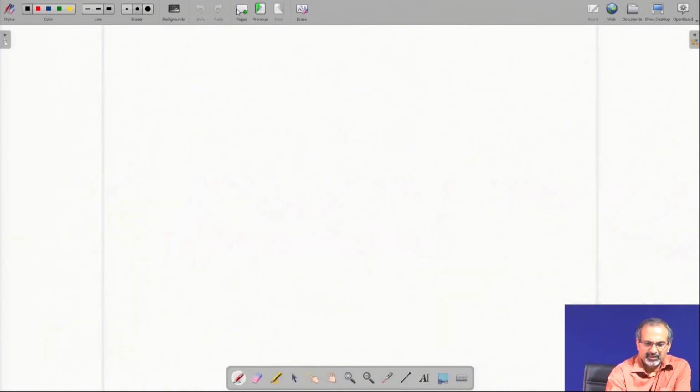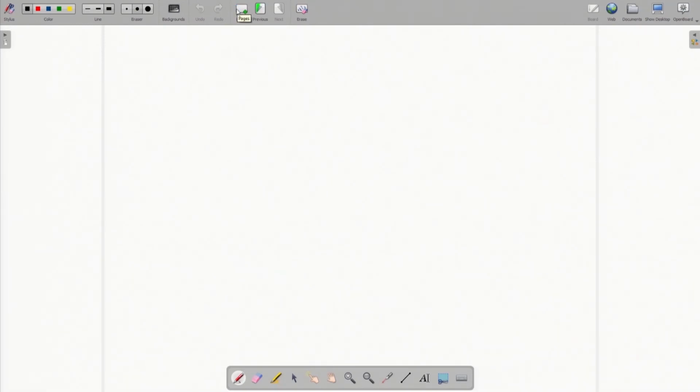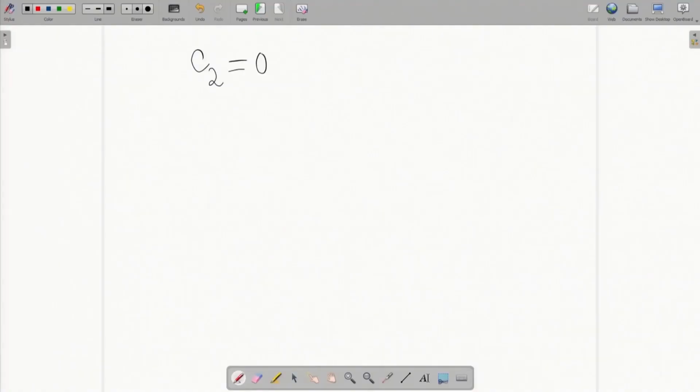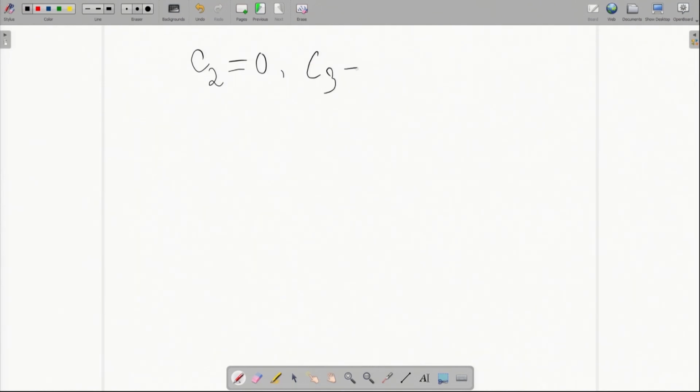So, what do you have as an outcome of this weighted residual minimization exercise? You have two linear algebraic equations in two unknowns C2 and C3. So, if you solve for these two unknowns, the values that you can get are C2 equal to 0 and C3 is equal to minus 1 by 6.